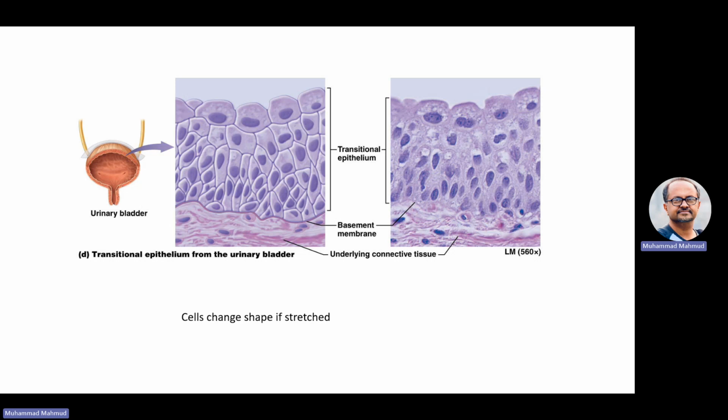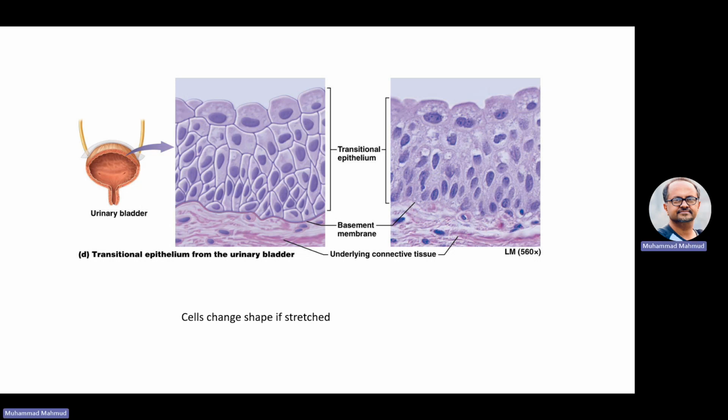This one is interesting. The bladder, inside the bladder, we find this multiple layer epithelium. That means it will be stratified. But they look like cuboidal here, but when the bladder is stretched, they can become flattened. So they change their structure, they change their shape.